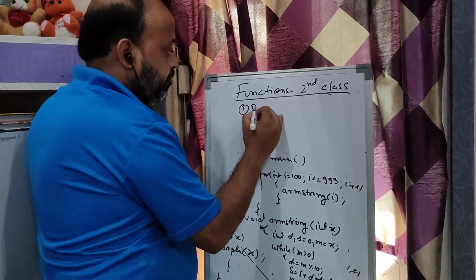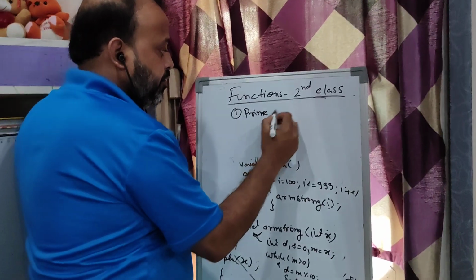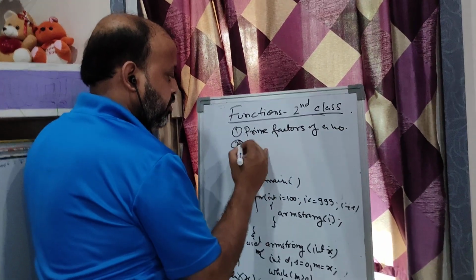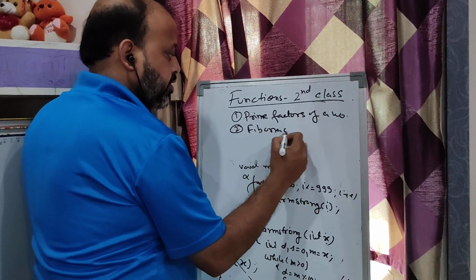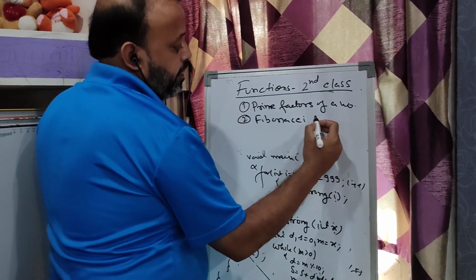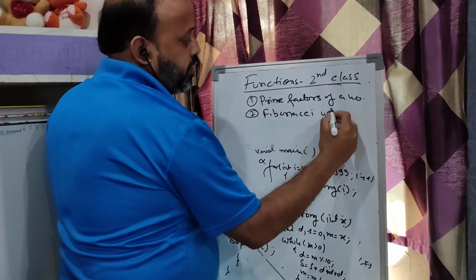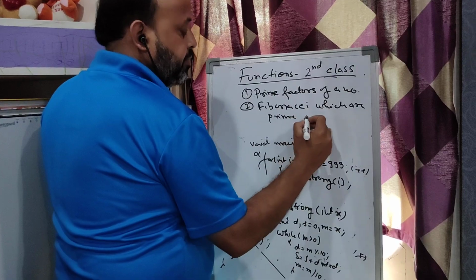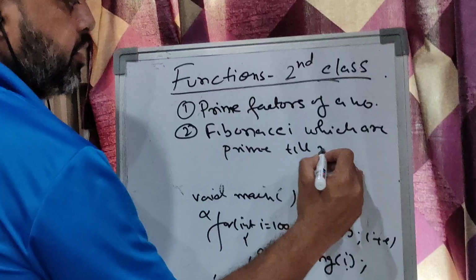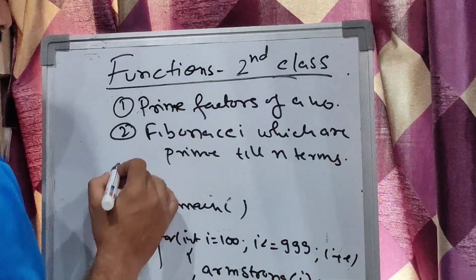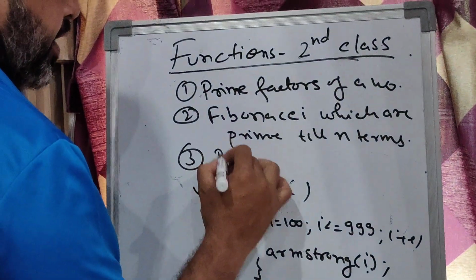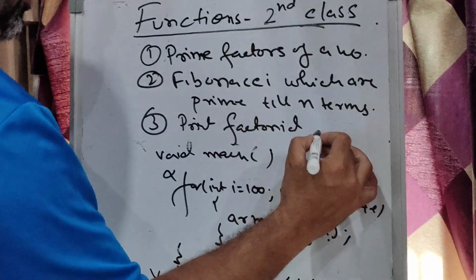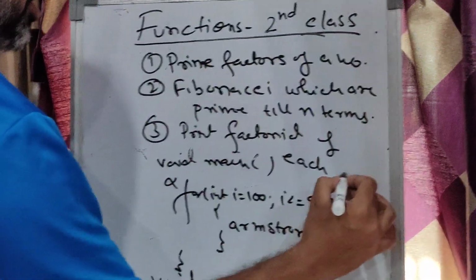You can do prime factors of a number, Fibonacci, which are prime till n terms. And the last, print factorial of each digit.